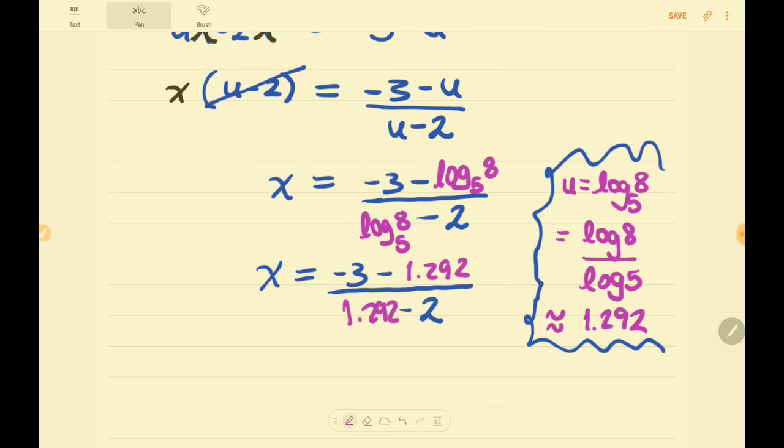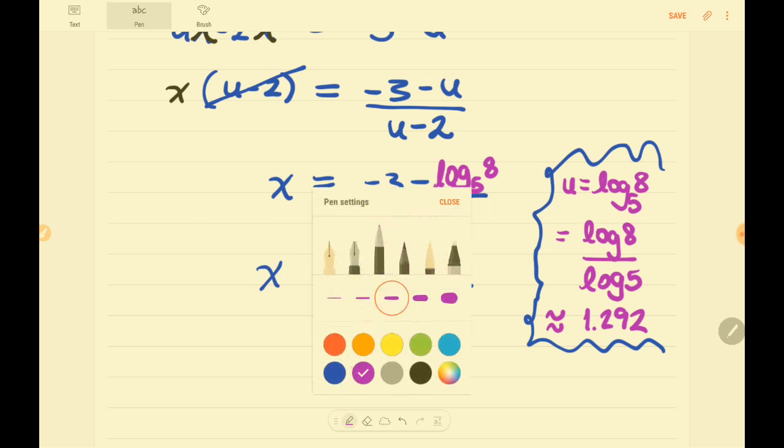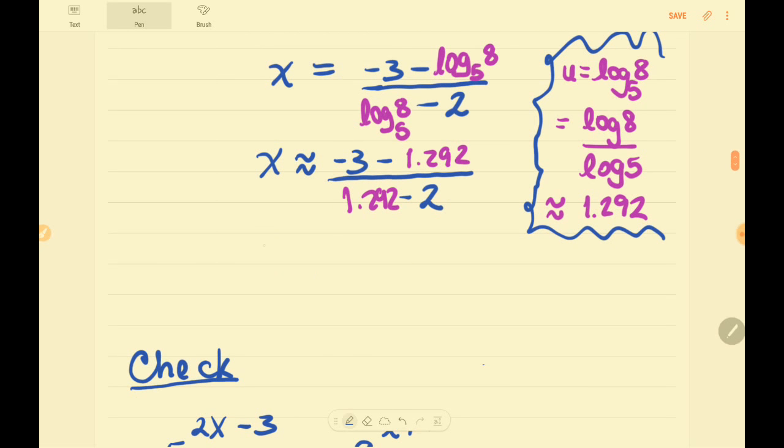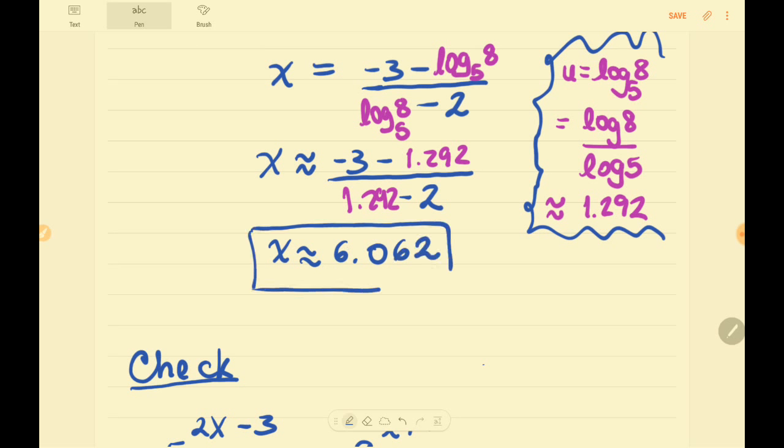So this is an approximation at this point, because we've lost a lot of information. There's infinite number of digits that come after that last 2. So this is an approximation now at this point. And it gives us our final answer to be 6.062 when it's rounded to 3 decimal places. So that's our final answer, and it is correct.